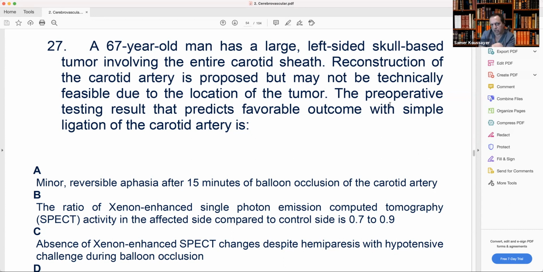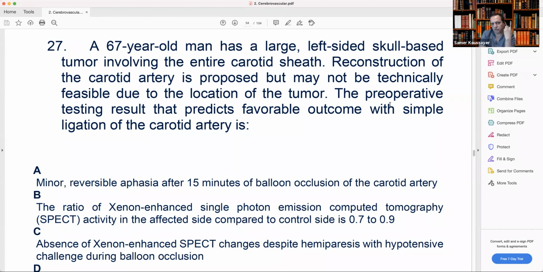If it goes beyond 0.9, that means this occlusion is serious. Usually we do that if the patient is not awake for some reason, he's intubated. But usually you just inflate the balloon and see if he responds or gets any symptom, which is much easier.